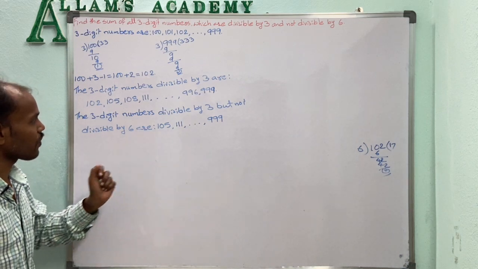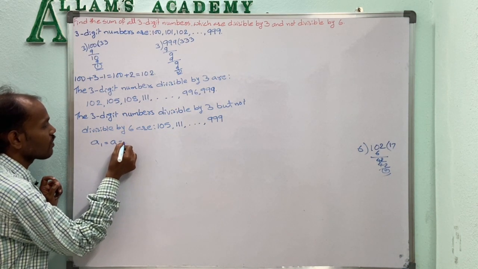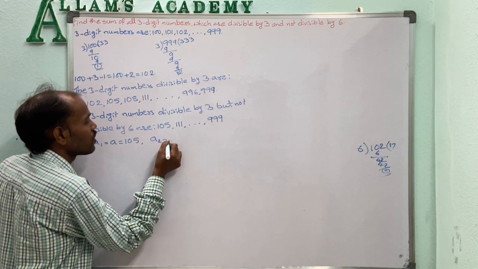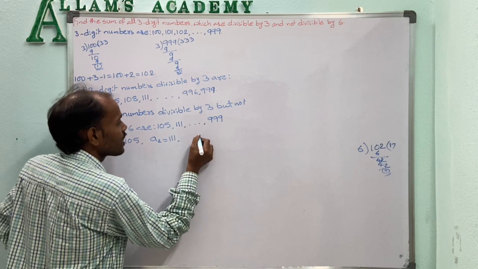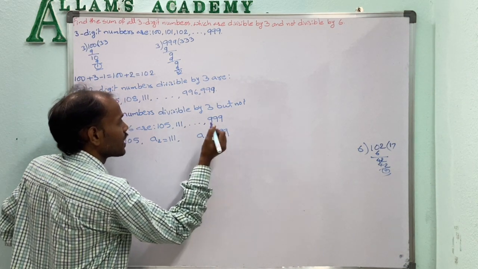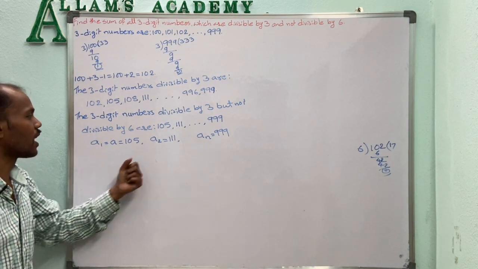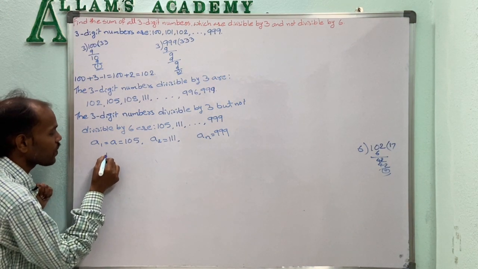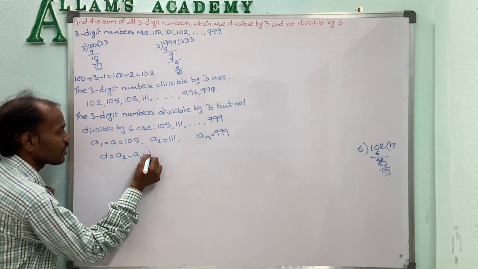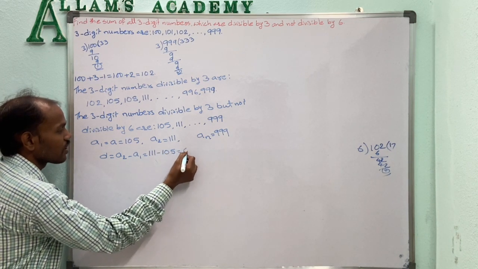So here the first term a1, equal to a, is 105, the next term a2 is 111, and the nth term an is 999. For the sum of these numbers, we need the common difference d, equal to a2 minus a1, that is 111 minus 105, equal to 6.